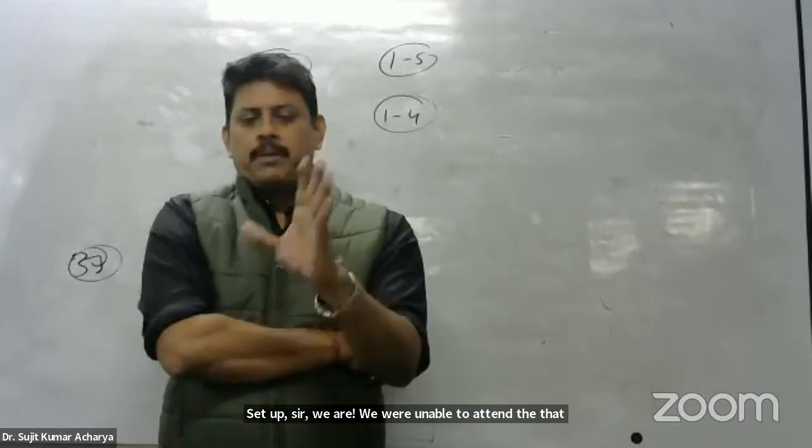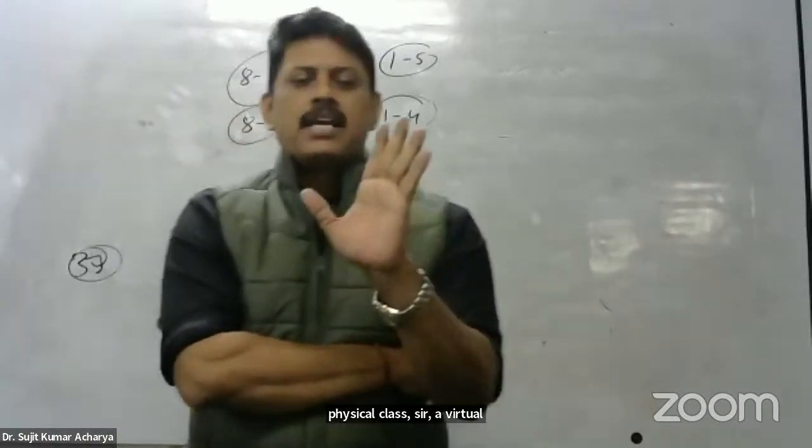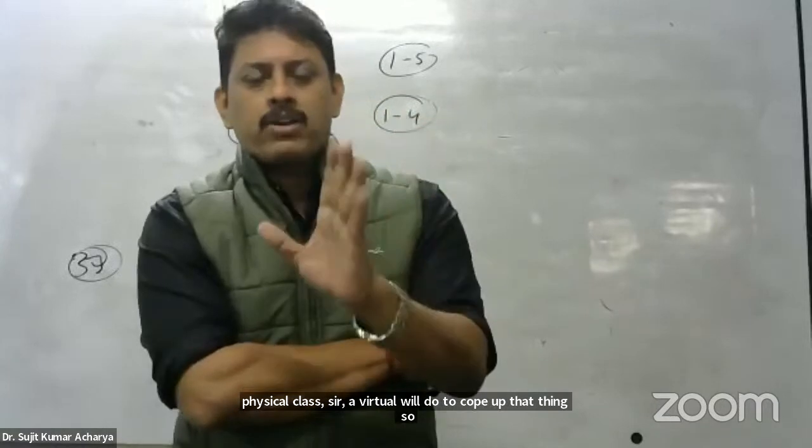Good morning, sir. Sir, my name is Pankaj Kumar Sahu. Sir, we were unable to attend the physical class. What shall we do to cope up with that, sir? See, in my paper I have taken maximum classes and I have covered, I hope, 1 and 2.5 units.